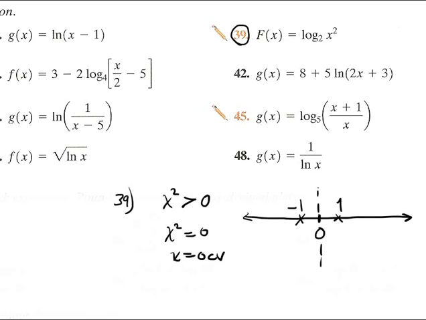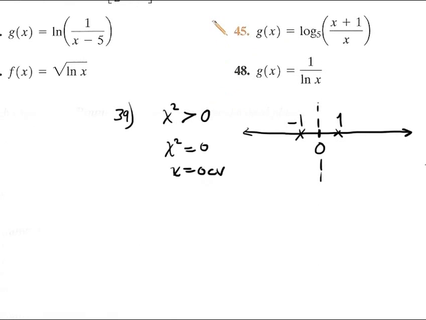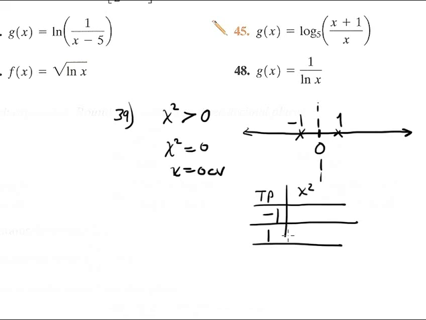Let's see what happens. In the testing point, the only factor that we have is x squared. For -1, squared is positive, and for +1, sorry, is again positive.